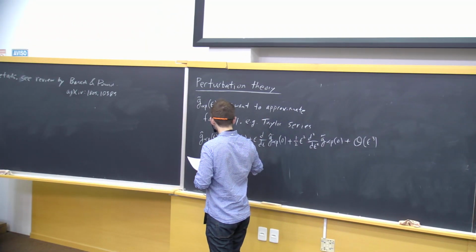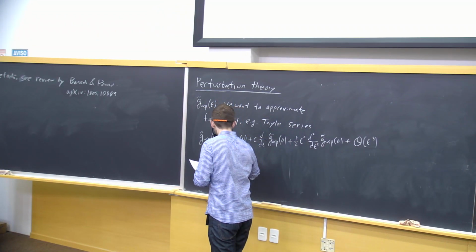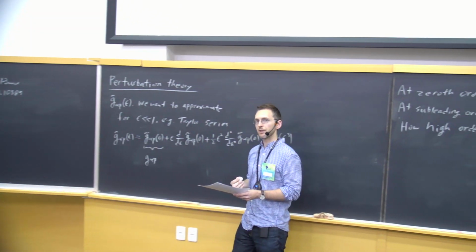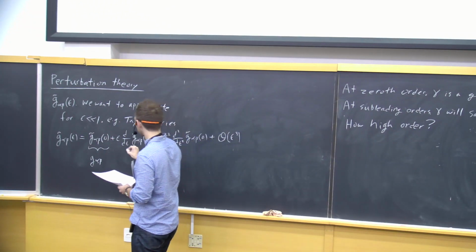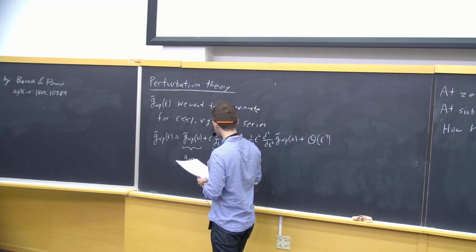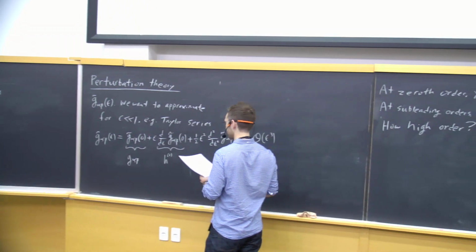So I'm going to call this leading order piece just G alpha beta with no tilde on top. This next piece I'll call H1, as I had it on the equation I erased here.